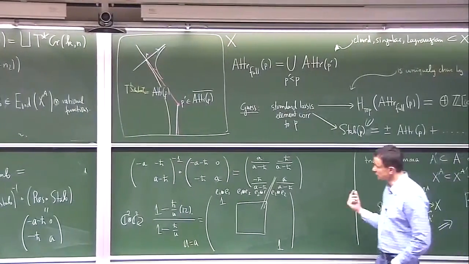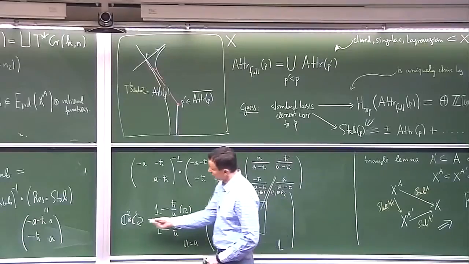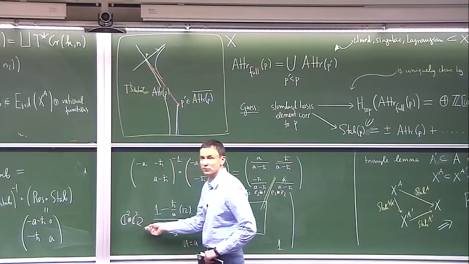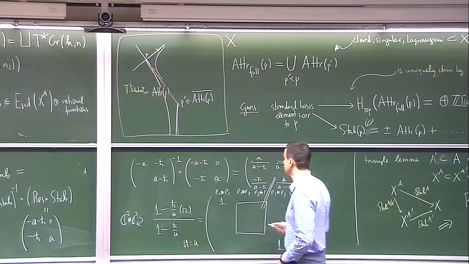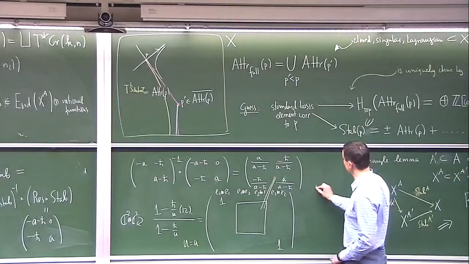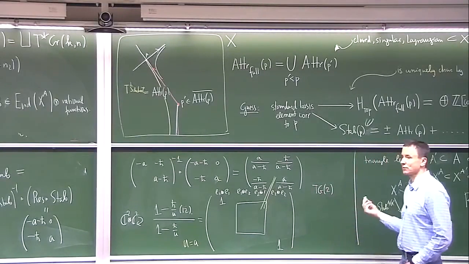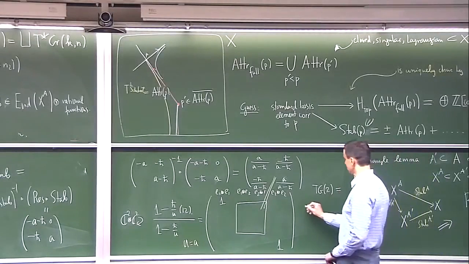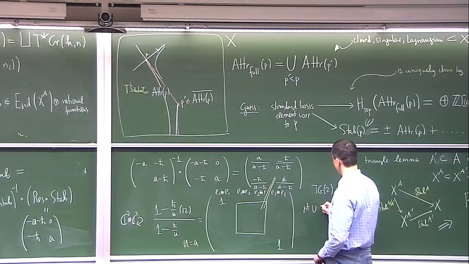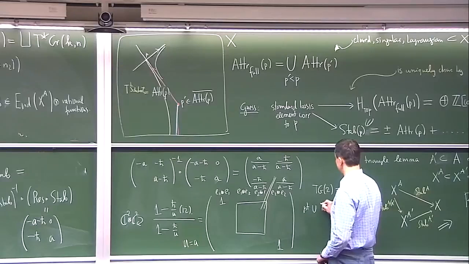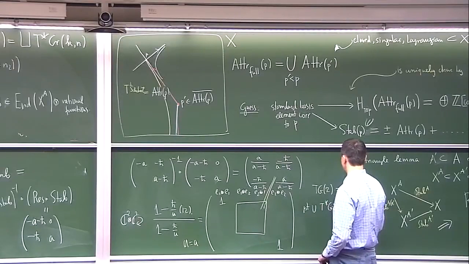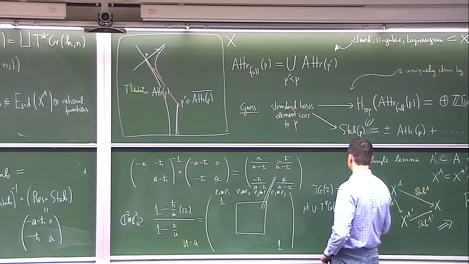And so this proves that, so what is C2 cross C2 for us? C2 has to do with T star G2, the union of Grassmannians. So this is a point, union T star Grassmannian of one-dimensional subspaces in two-dimensional space.